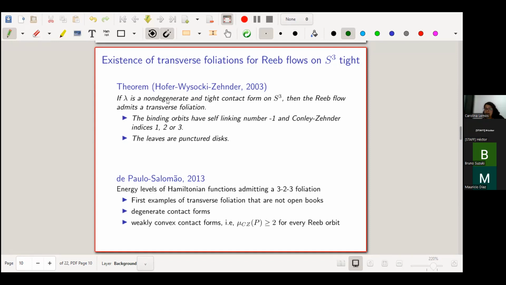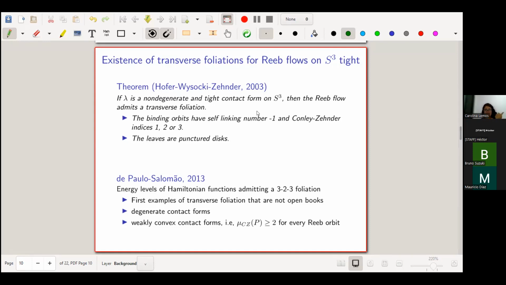In general, we are interested in contact forms that are degenerate. They naturally appear in applications. So we also wanted to know, given some Reeb flow that can be degenerate, whether there exists a transverse foliation, and what it looks like.